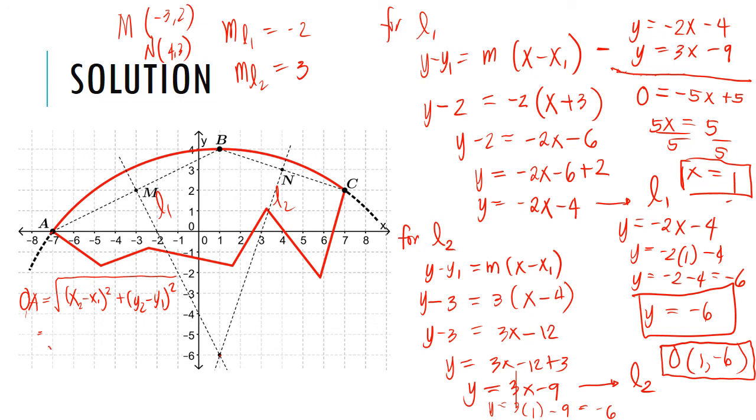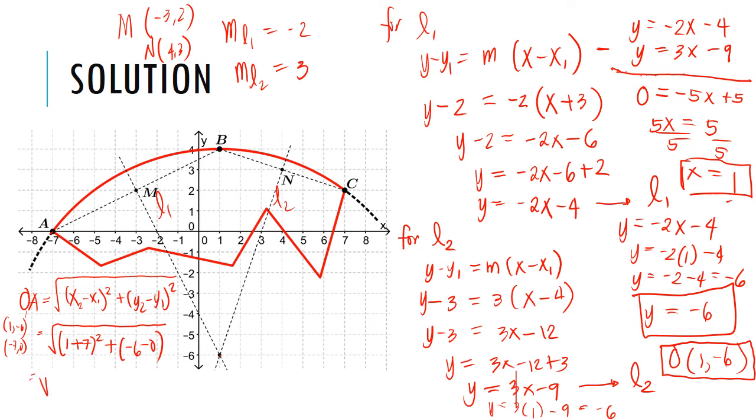So let's say point 1 is O and point 2 is A. Therefore, x2 is 1 minus negative 7, so that becomes 1 plus 7 squared, plus y2 is negative 6 minus 0. Right? Our point is 1, negative 6, and point A is negative 7, 0.